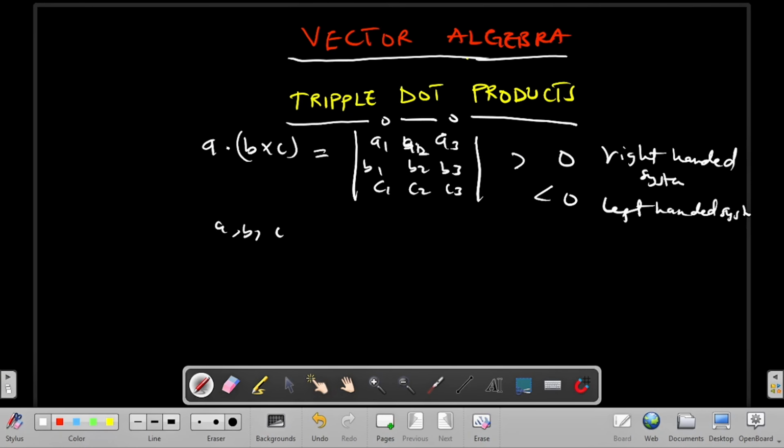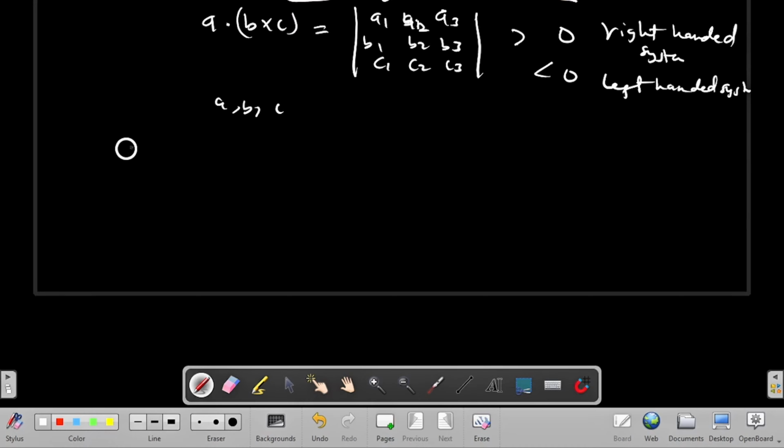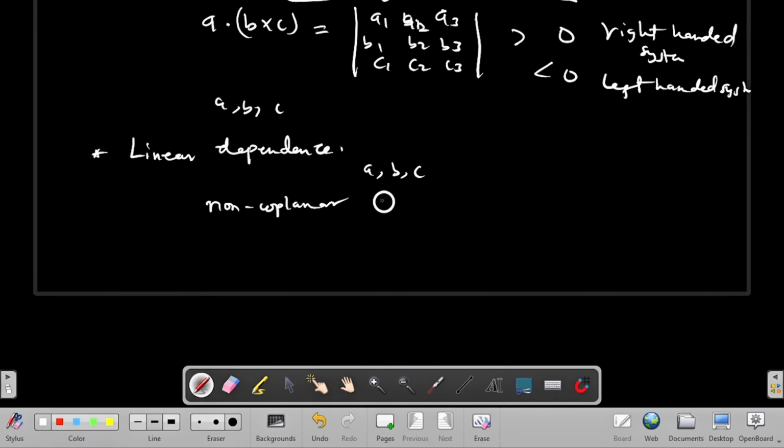Now, what is the essence of scalar triple dot products? Let's look at some of the inferences, or what we use this for. First of all is what we call linear dependence. For you to analyze linear dependency, the scalar triple product is one useful thing to use. So if three vectors A, B, and C are non-coplanar, they are not in the same plane, then we call them linearly independent only if their scalar triple dot product A dot B cross C is not equal to 0.